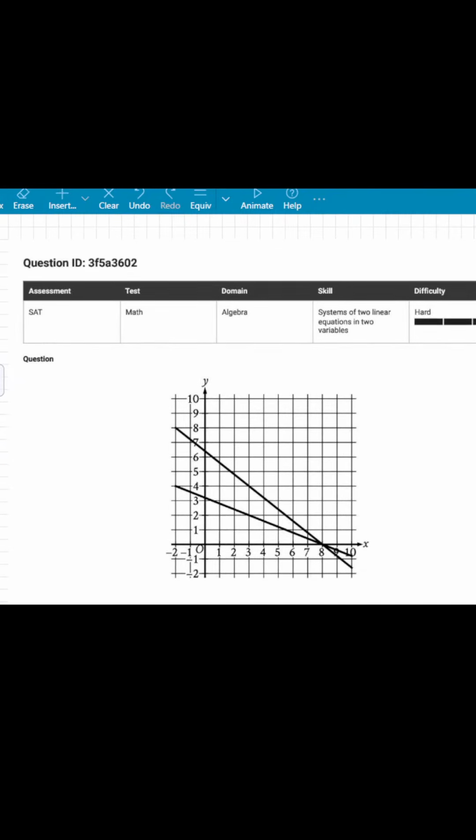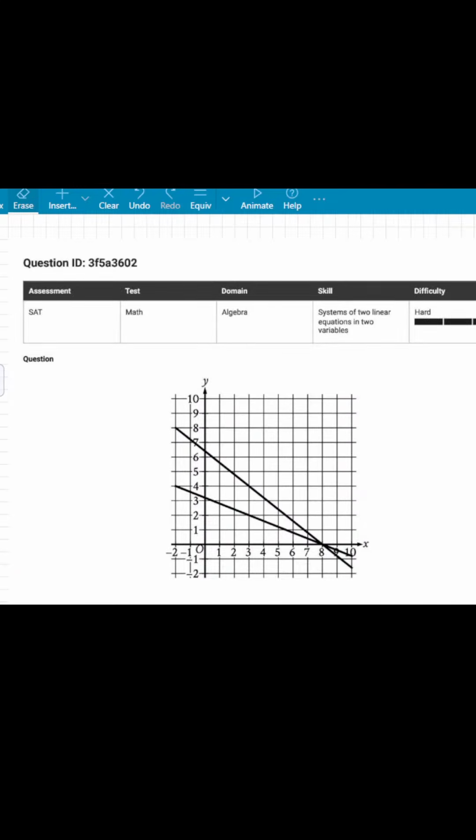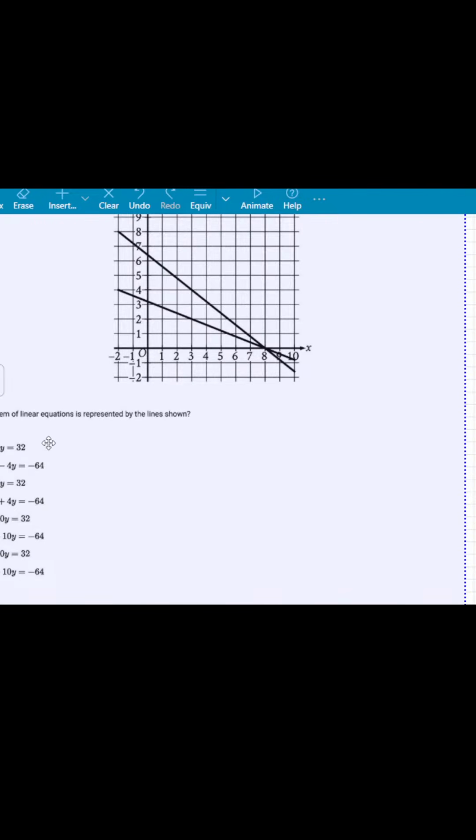So we have A, B, C, D here, and all of these options are given.